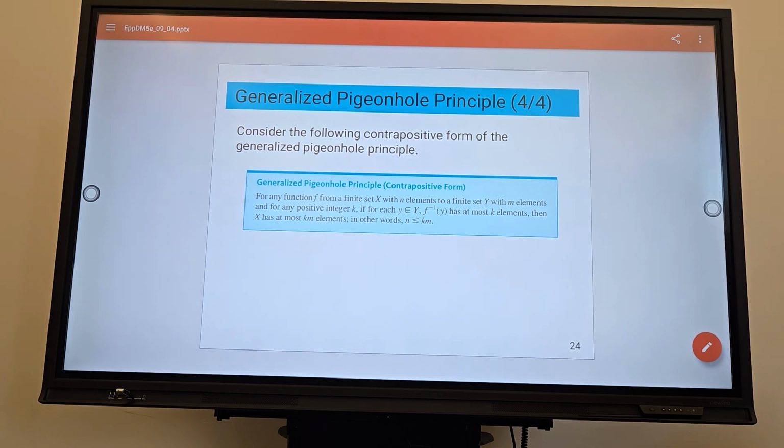For any function f from a finite set X with n elements to a finite set Y with m elements, and for any positive integer k, if for each y that's an element of Y, the inverse of f of y has at most k elements, then X has at most km elements. In other words, n is less than or equal to km.